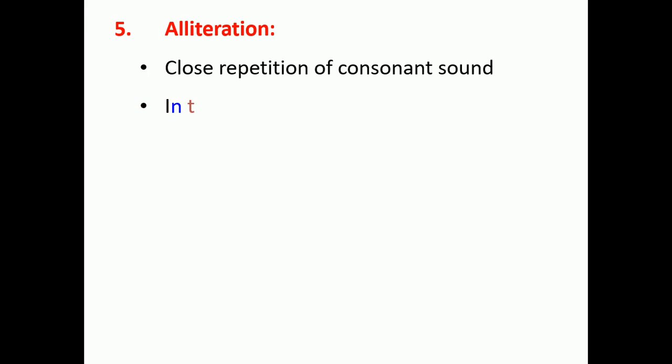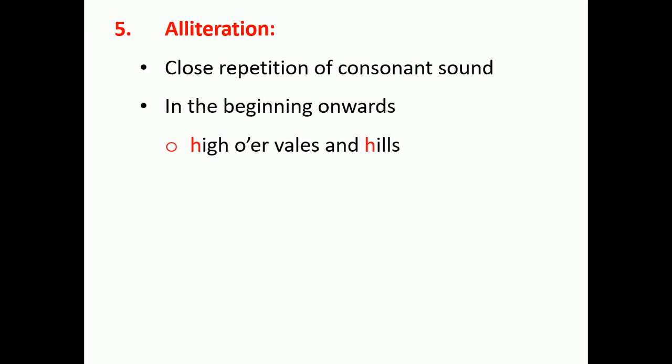Next one is alliteration. Close repetition of consonant sound. This is one of the techniques used by the author to beautify the poem from the beginning onwards. Let's see one example. Example like high over vales and hills. Here you can see two words, high and hills, and both these words begin with the same consonant sound, that is H. Okay, high and hills.